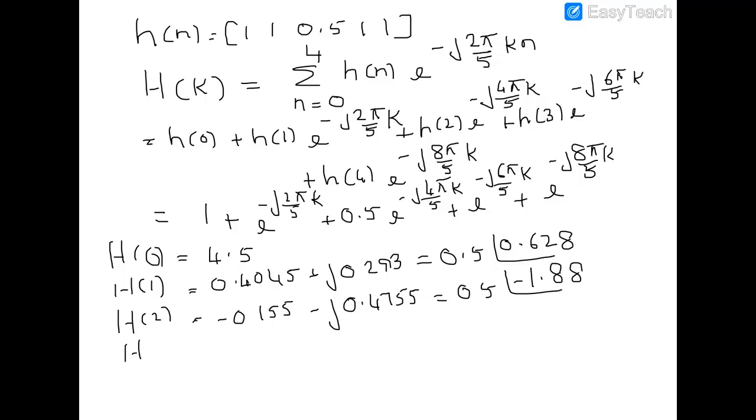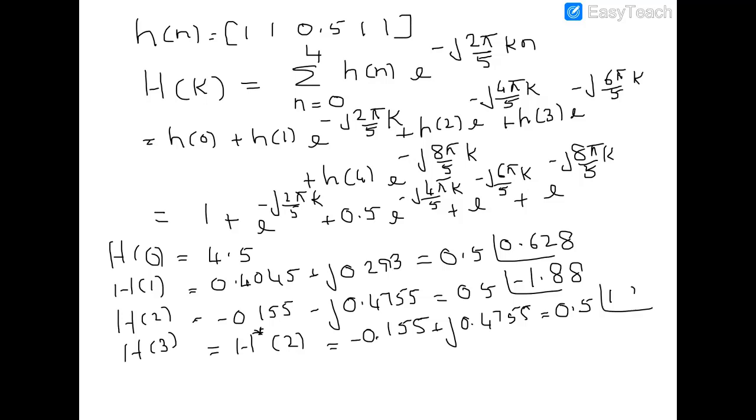H of 3 is equal to the conjugate of H of 2. That's why it is equal to minus 0.155 plus j 0.4755, which gives us 0.5 at an angle of 1.88.